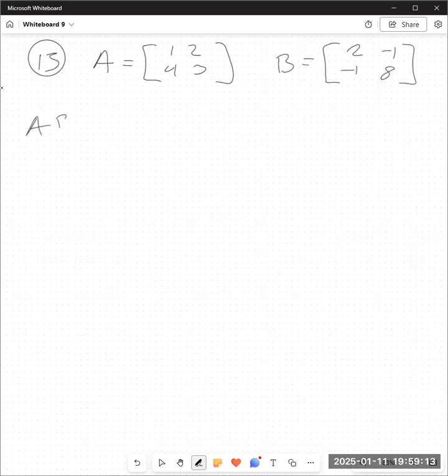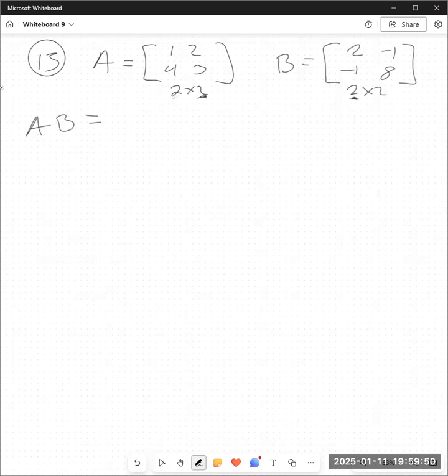A times B means we're going to take our rows from A and our columns from B to make our new matrix. So let's go ahead and show you. This one is a 2 by 2. This one is also a 2 by 2. In order to be able to multiply them, the number of columns in this matrix needs to equal the number of rows in this matrix. And I'm going to end up with this.